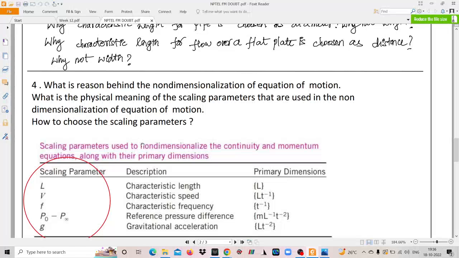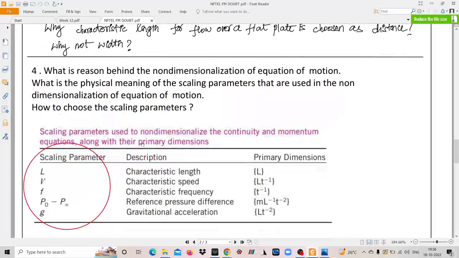For example, suppose you consider a duct-like geometry, a rectangular duct. In that case, we have length, width, and also height. Three parameters here. Now, which one do I have to choose as the characteristic length? That comes from what is physically very important.